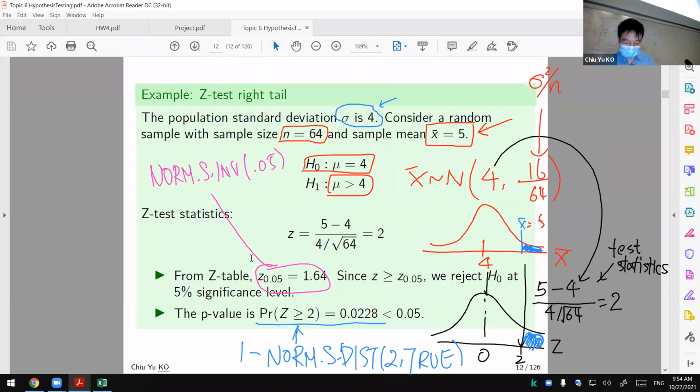So let me correct this. It should be 0.95, not 0.05. Okay. So you can see the critical value here is 1.64. And your value 2 is further away from 0 than 1.64, so it's more extreme. So you reject the H null at 5% significance level.